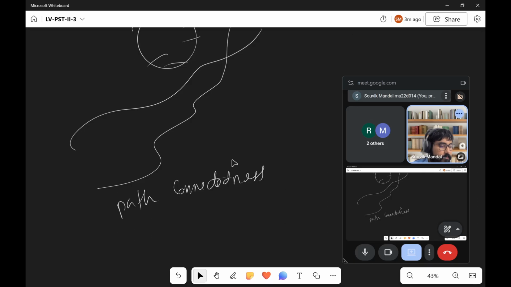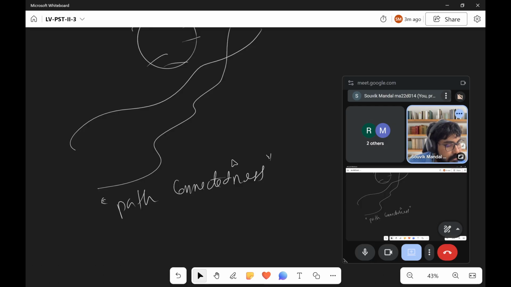That means you are able to get a path or not. The general definition of connectedness is quite complicated, and I'll give that too.